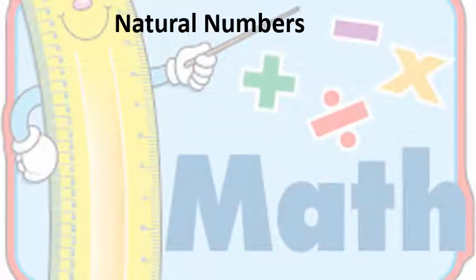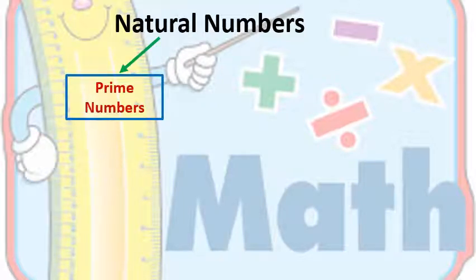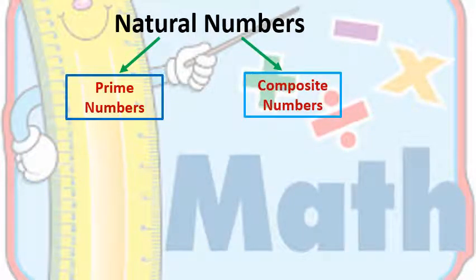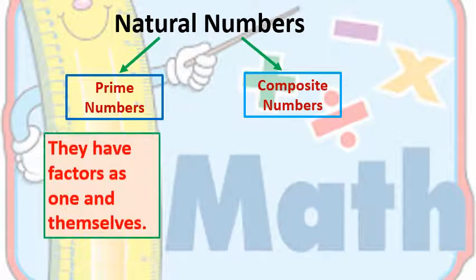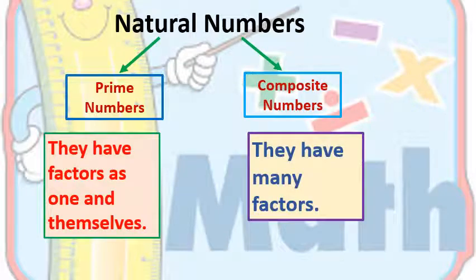Now, natural numbers. Natural numbers are of two types. They are either prime numbers or they are composite numbers. What do you mean by prime numbers? The prime numbers have factors as 1 and themselves, while composite numbers have many factors.